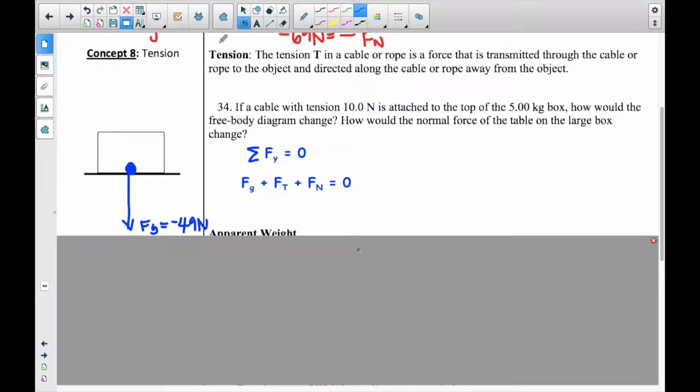Now we're starting over. We don't have that 20 newtons from before. We're starting with just a blank box again. And this time we have a cable attached to the top, and it's pulling up with a force of 5 kilograms. This is the force of tension, which is 5 kilograms.